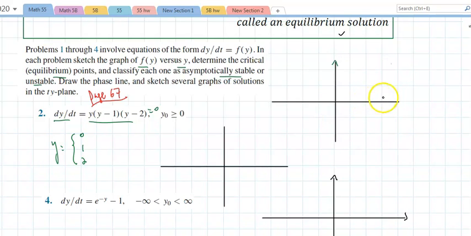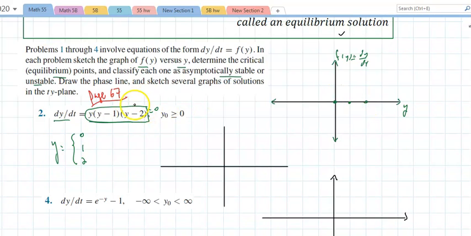If I sketch this graph, this is a polynomial. It crosses at 0, 1 and 2, where this is y, and this is f of y, or simply dy/dt.